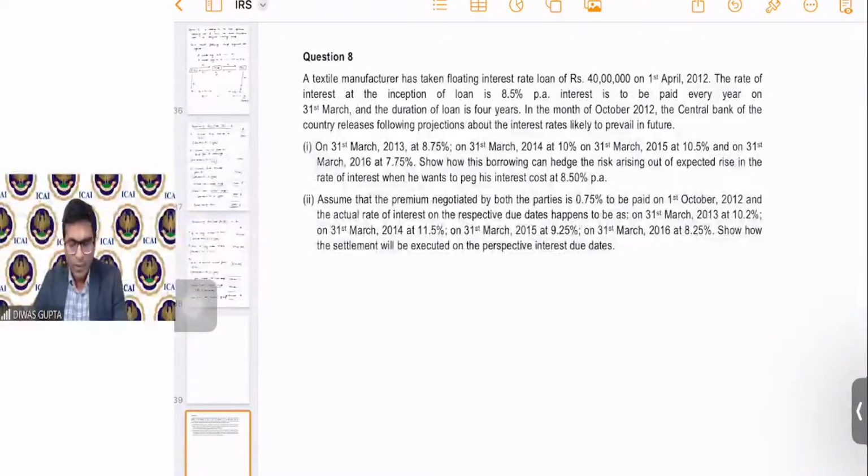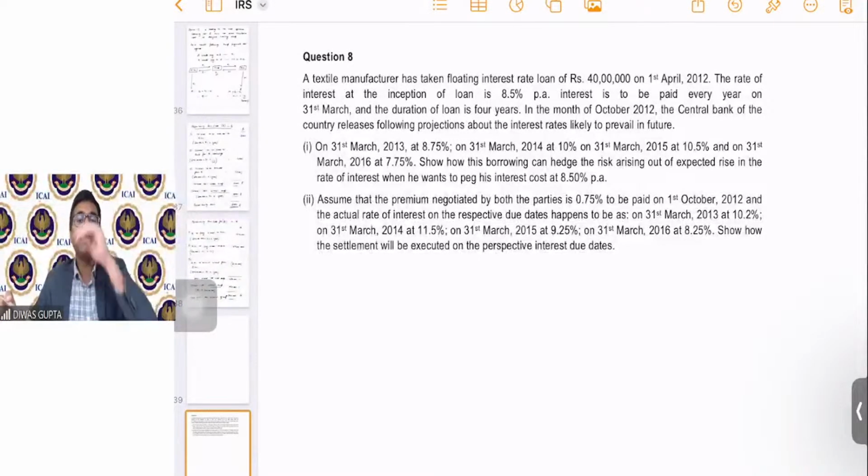Now, what are they? Let's say we are standing on 1st of October 2012. On that date, the central bank releases some information about the projections. From 6 months from now, 31st March 2013, the interest rate is expected to be 8.75.